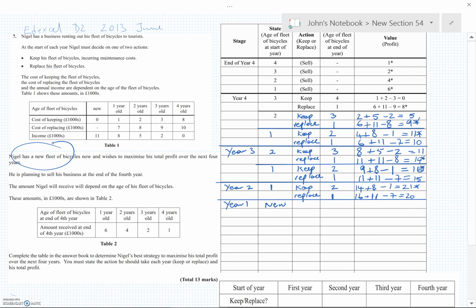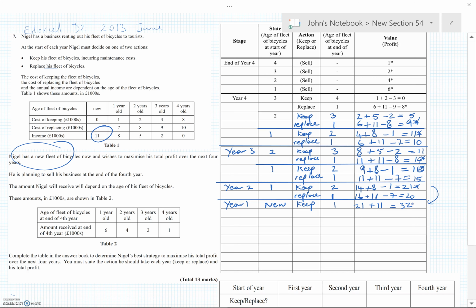Okay, we're obviously choosing to keep those new bicycles, and they will become 1-year-old bicycles, and we pull down the 21 from before. Okay, and they will make a profit of 11, which is 32.